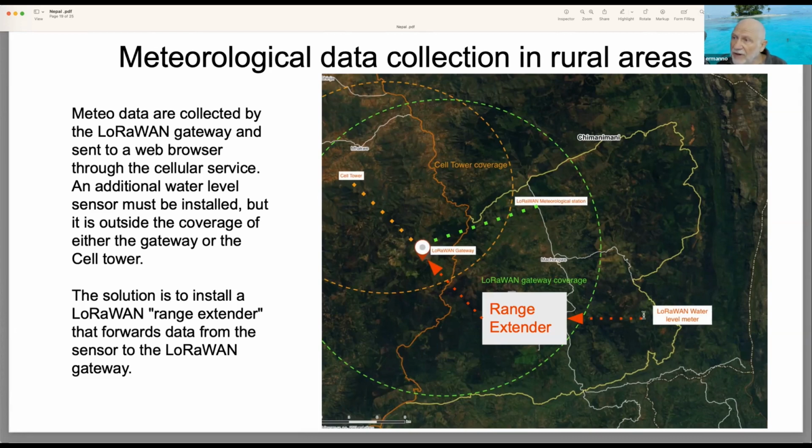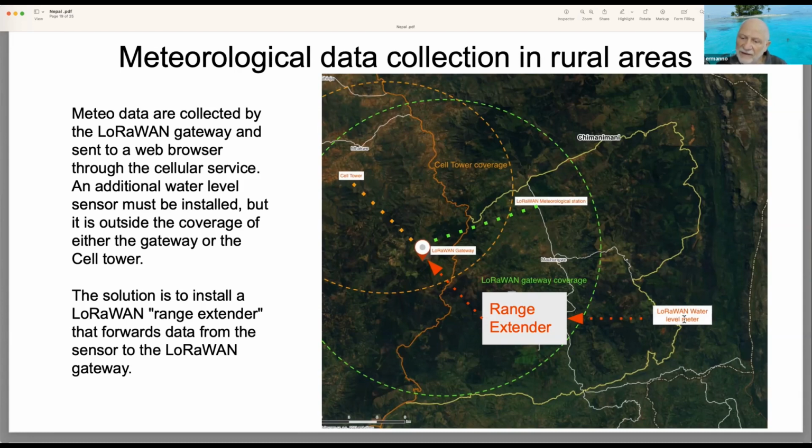In this case, we could try to deploy another gateway closer to that. But if we try to deploy a gateway in a place like this, which is outside the coverage of the cell tower, it will not be able to work because the gateway needs to have cellular connectivity or any kind of IP connectivity. So to solve this situation, we developed what is called a range extender, a device that behaves like a gateway, but the only difference is that it doesn't need IP connectivity.